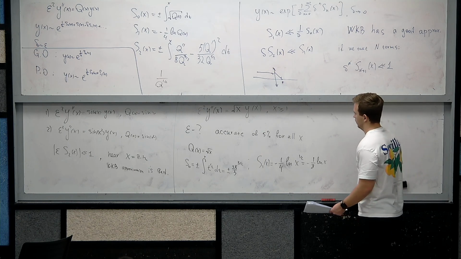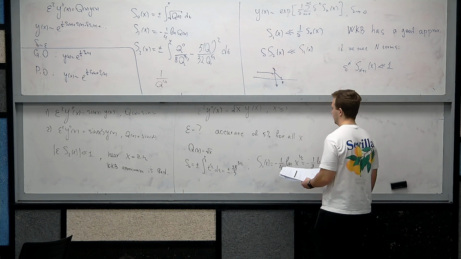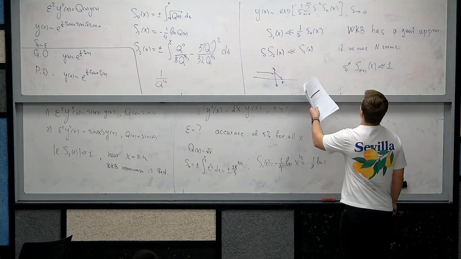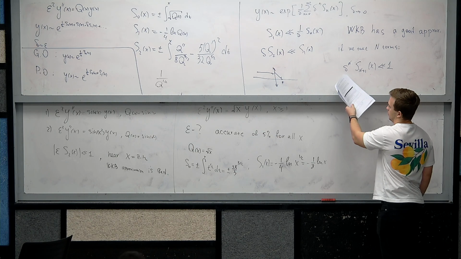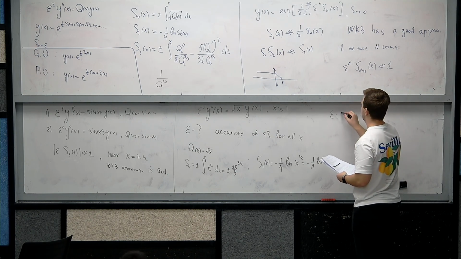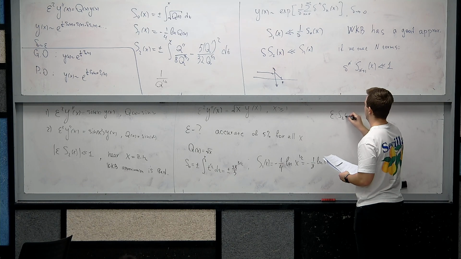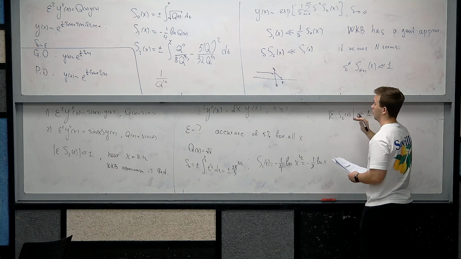And to find what the mistake is, we need to ensure that this term is smaller than 1. So the condition is that epsilon times S2 of x has to be much smaller than 1 for all x.